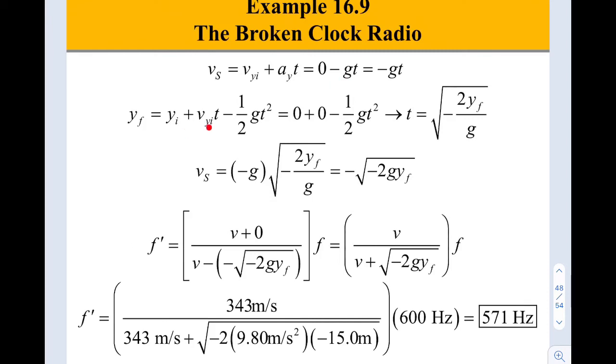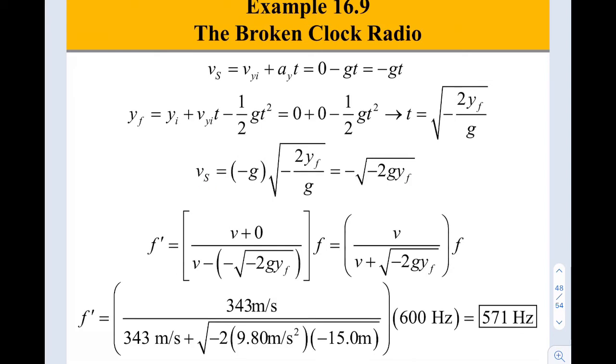Then delta y is equivalent to Vy initial t plus half Ay t squared, with Ay negative g. Initially it started at the origin as our reference point, so initial position is 0, Vy initial is 0 as well because it is dropped, and Ay is negative g. From here you solve for your t and substitute this t into your Vs, and you are left with this simplified result.